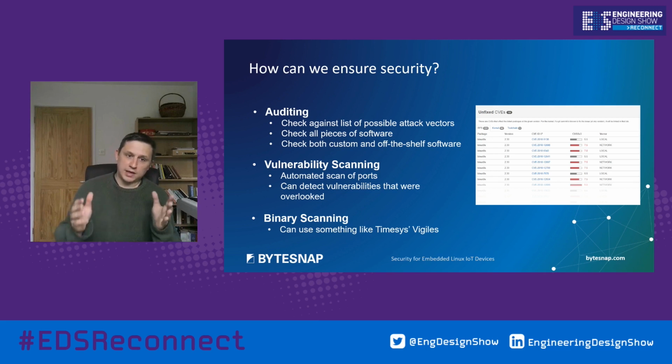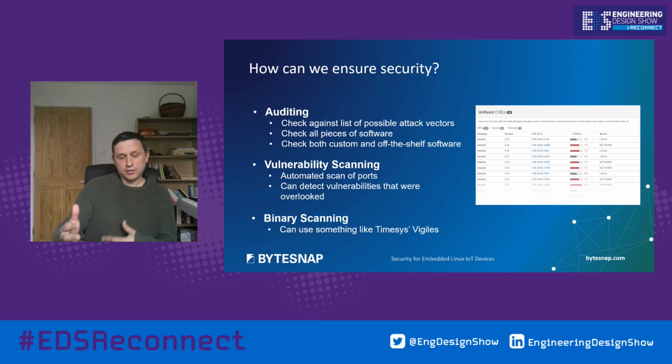With embedded Linux, you may have hundreds of different open source packages working together. There's a class of software called vulnerability scanners, which will scan for any backdoors and exploits against open ports, and give you any vulnerabilities that are in the system.